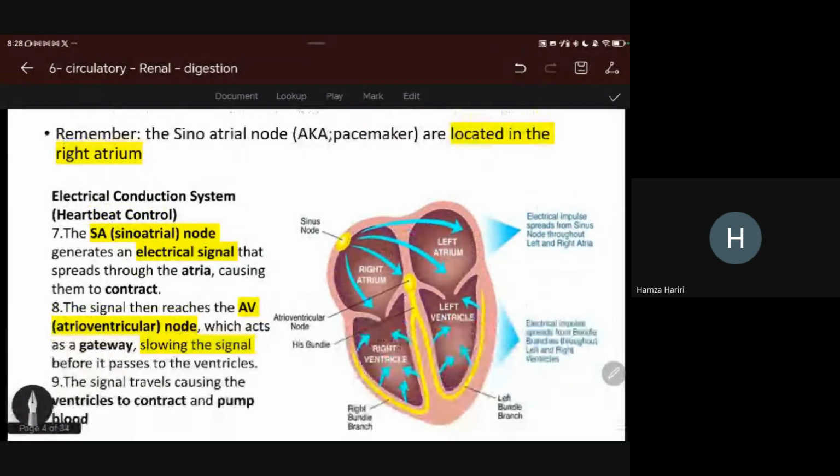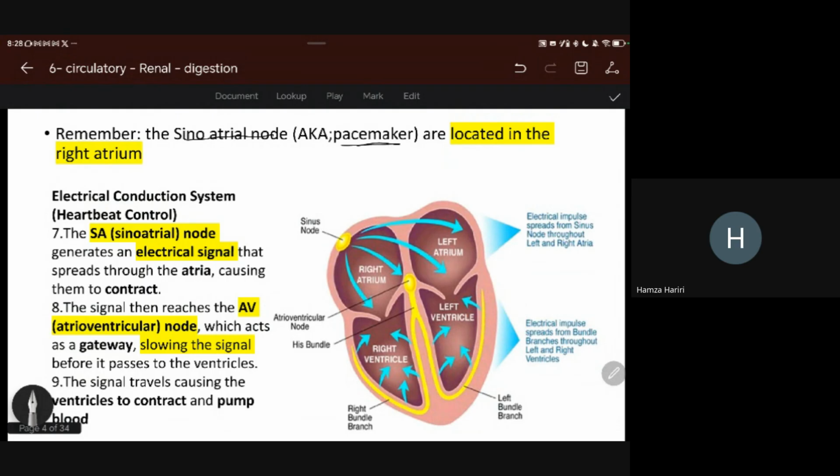Next, we have something called the sinoatrial node, also known as the pacemaker. This is like a station that produces electricity to help the heart in pumping.